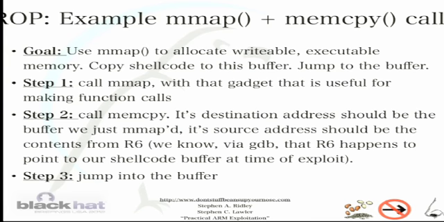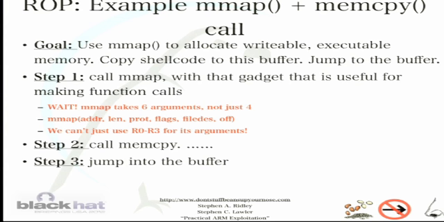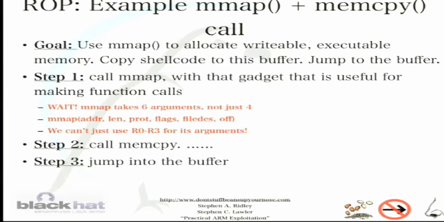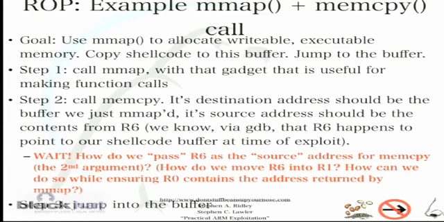So it should be easy in ROP, right? Oh. So first, mmap takes 6 arguments, not just 3 or 4. So we can't just load a bunch of stuff into R0 to R3. That's actually pretty easy to get around because we could use, for example, that gadget we just showed you that loads the registers R0 to R3 off the stack, and subsequent arguments just go after that on the stack.